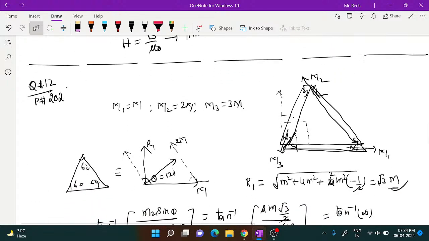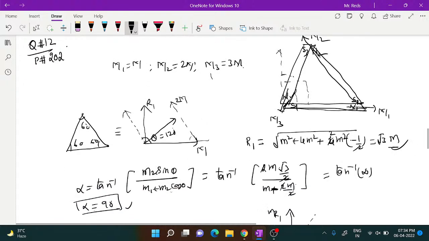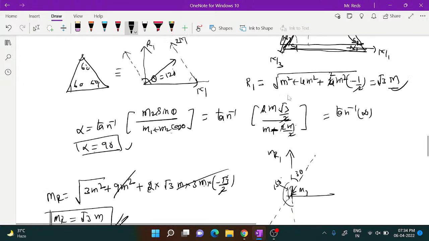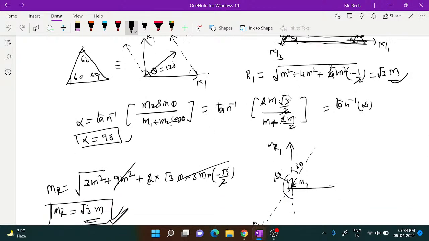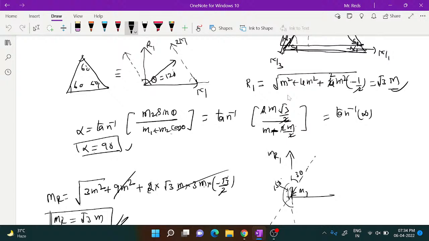See here, you have taken this as M1, which is M, M2 is 2M, and M3 is 3M. If we take the resultant of M1 and M2, the angle of the resultant with respect to M1 is tan inverse of infinity, which means alpha should be equal to 90.